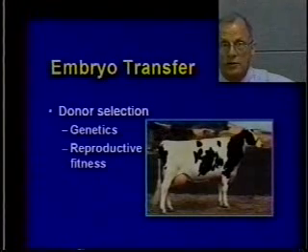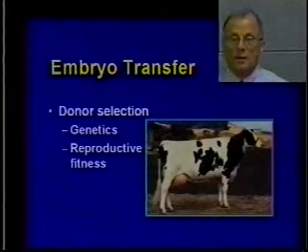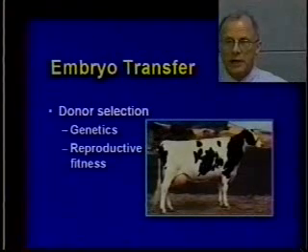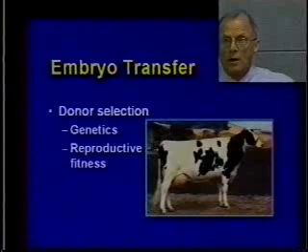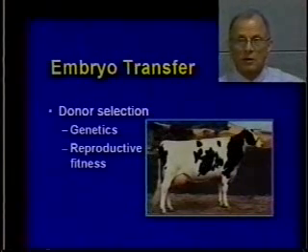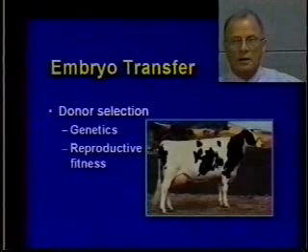And one of the first ones is the donor selection, usually done by an owner who has an elite cow, great genetic merit, or a favorite cow. That happens almost too often. One that they can't get pregnant anymore is now old and they say, let's get some calves with embryo transfer. Well, that type of a donor is not the ideal donor.